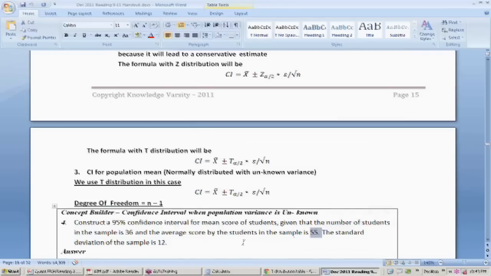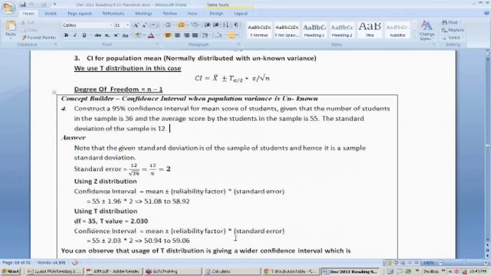The standard deviation of the sample is 12. So here you do not know the population standard deviation. When you do not know the population standard deviation, we will use T, which will give us a better number. I have computed over here using Z as well as using T, and it comes out that T gives a better measure.